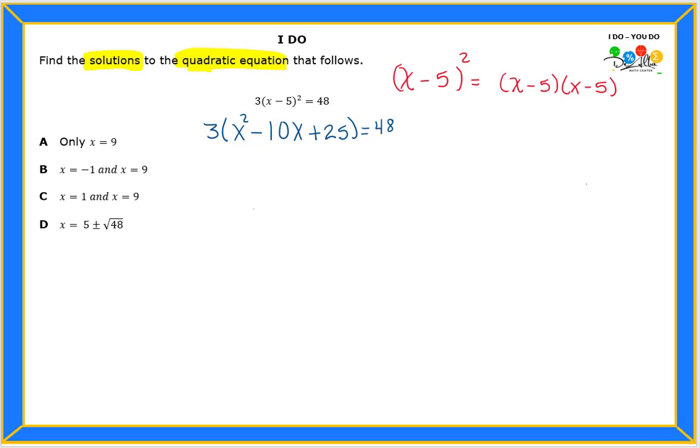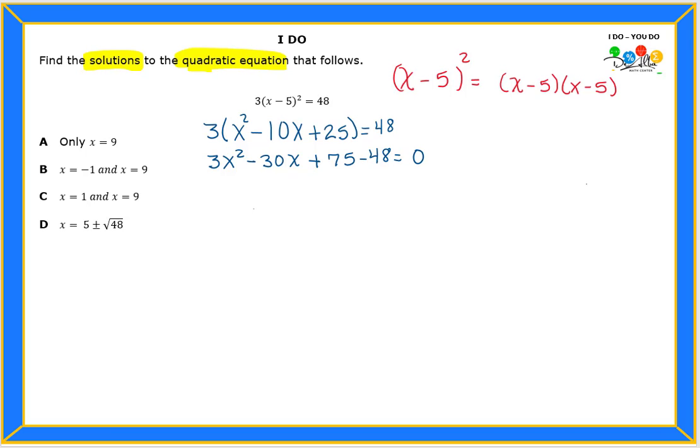But before I do that, I need to multiply by 3, because it's outside the parentheses. So that will give me 3x squared minus 30x plus 75, and now I can move my 48 to the other side, so I'll get minus 48 equals 0.